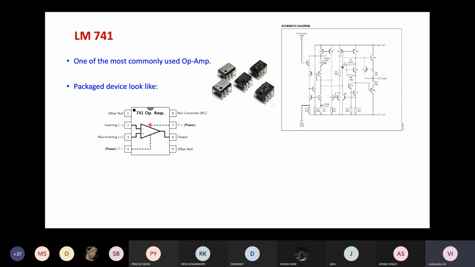So this is how this IC looks, 741, and there are 8 pins in this. As you can see, these are 741 ICs, with 4 pins on one side, 4 on the other side. Okay, and this is the pin diagram of this IC. And the way these pins are numbered in the IC is this: 1, 2, 3, 4, 5, 6, 7, 8.